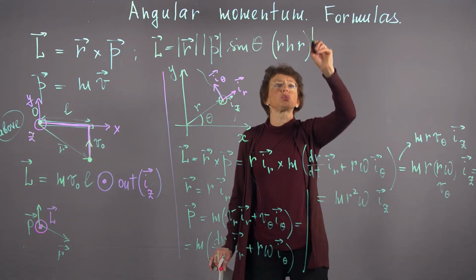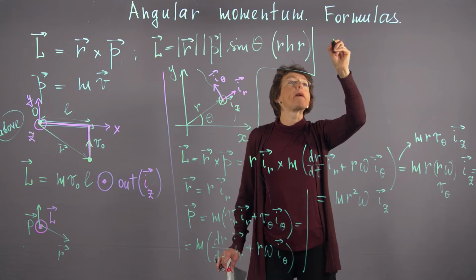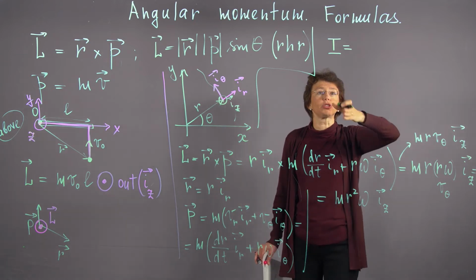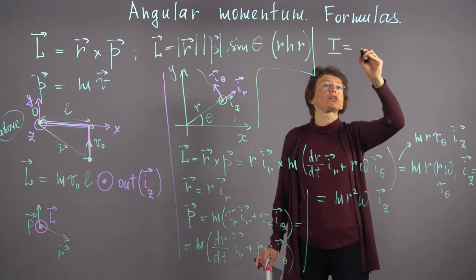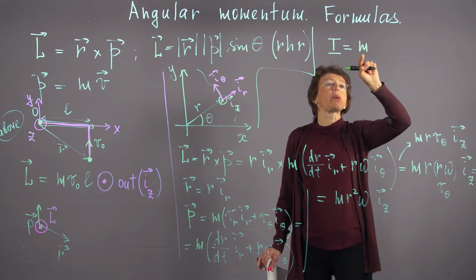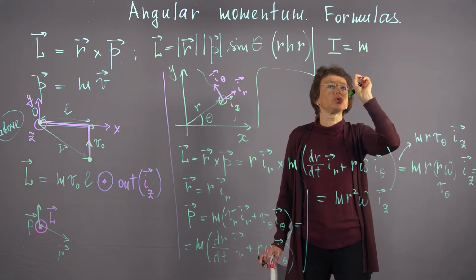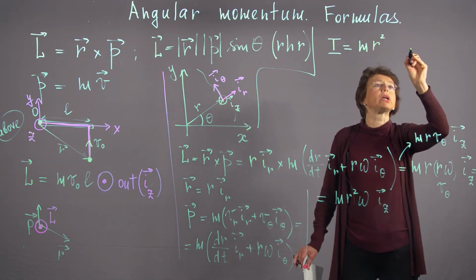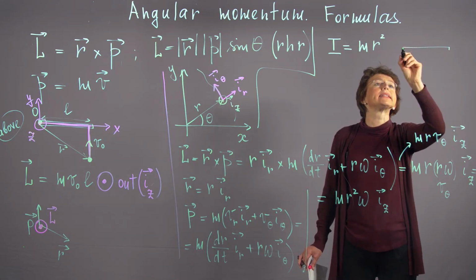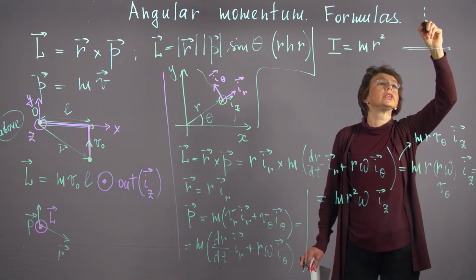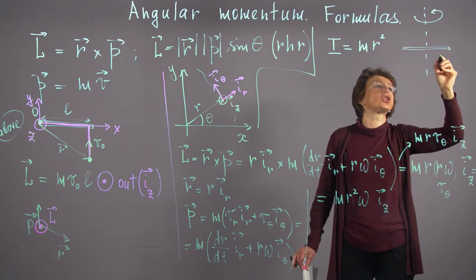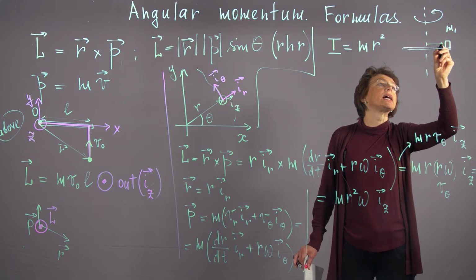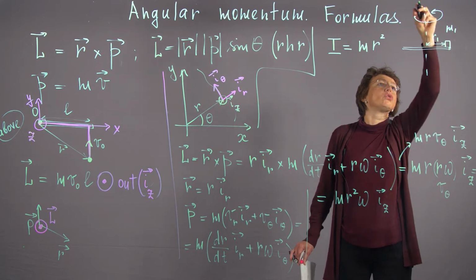And we need to introduce one more definition. We need to introduce moment of inertia. Moment of inertia of the object, I, has to be introduced with respect to some axis of rotation. For a point object, a point with mass M, it is M R squared. For example, you have a rod and this rod is massless, and it can rotate about this axis of rotation. I have M1 sitting right here, which is distance R1 from the axis of rotation.